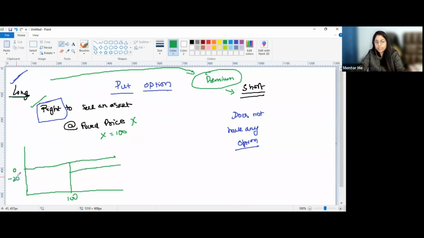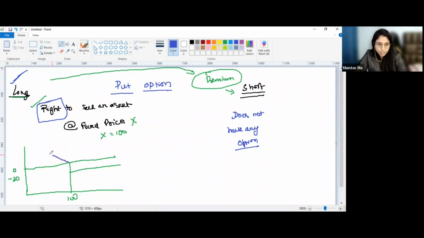Let's say the premium was 20 rupees. If the price is more than 100, we will just lose 20 rupees of premium, nothing more than that. But when the prices start to fall, we are going to benefit from it, because we have a right to sell something at 100 whose market price is less than 100. So we will be benefited as long as the prices keep going down and down.